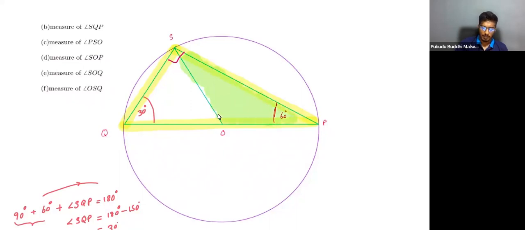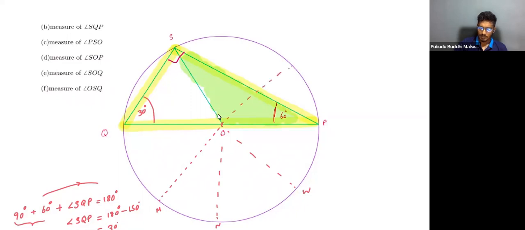If I join this point O and another point on the circumference like this, let's say OM, that length is the same as this length, and this length, and this length.